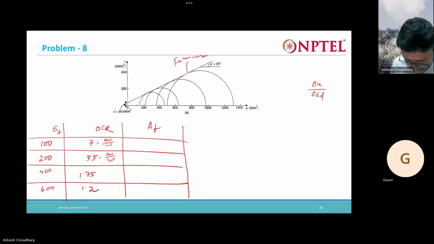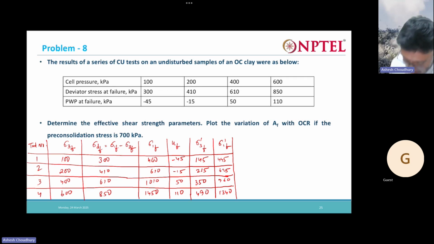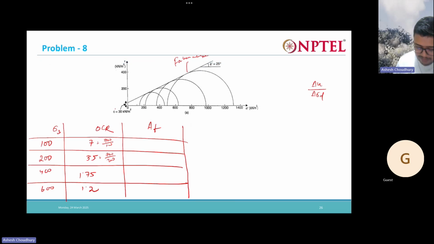Now, how to calculate AF? For the first test, the increase in pore water pressure is minus 45 and the deviator stress is 300, so minus 45 by 300 is minus 0.15.